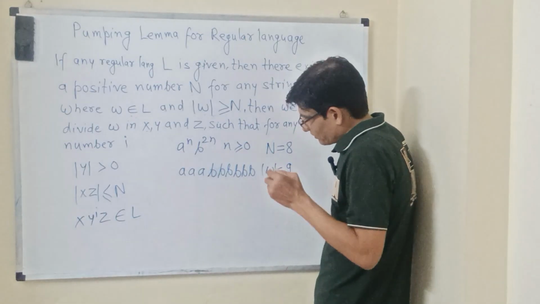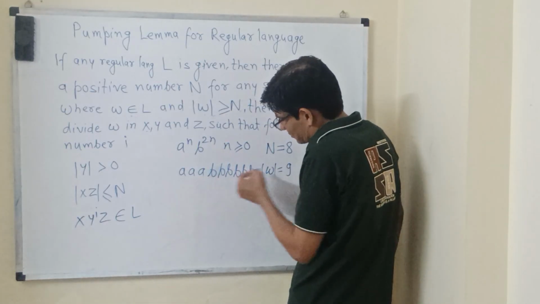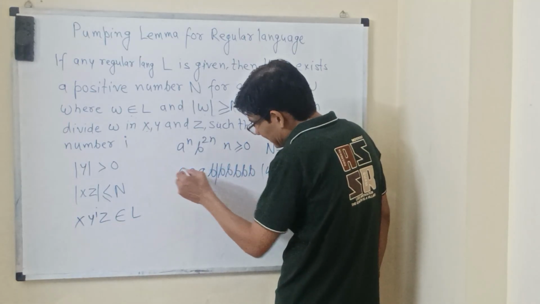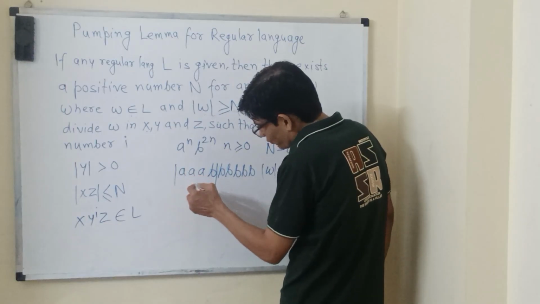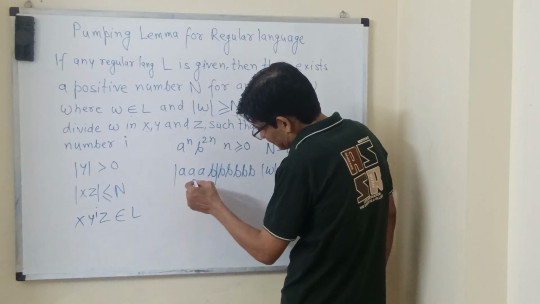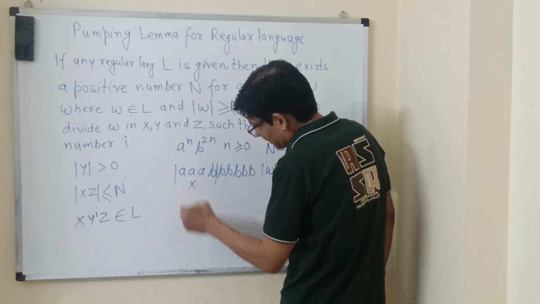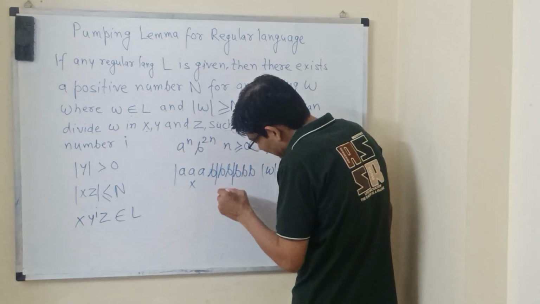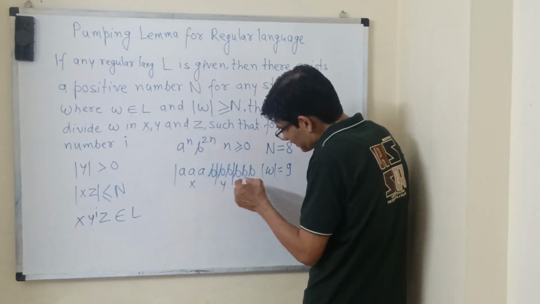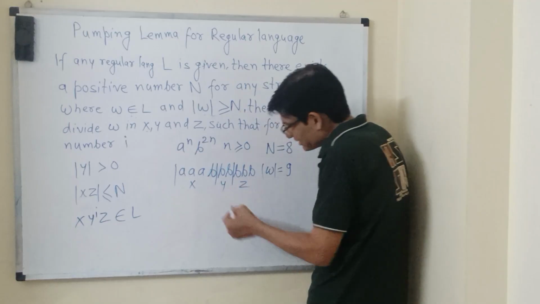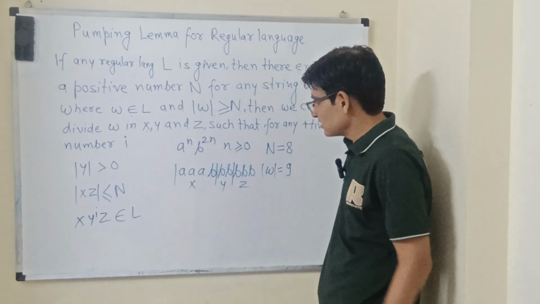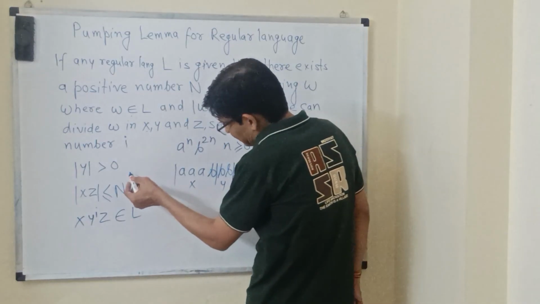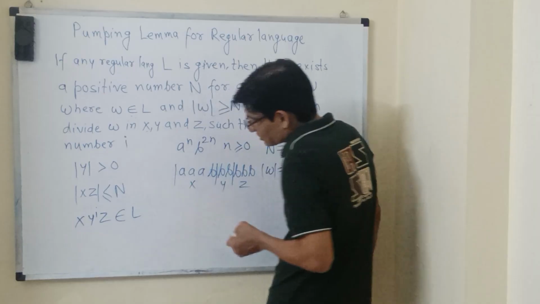Now we will divide this string into X, Y and Z. So let's take the first four symbols of this string in X. The next two symbols are in Y and the last three symbols are in Z. So these are three strings X, Y and Z. Now let us check whether they satisfy these two conditions or not.